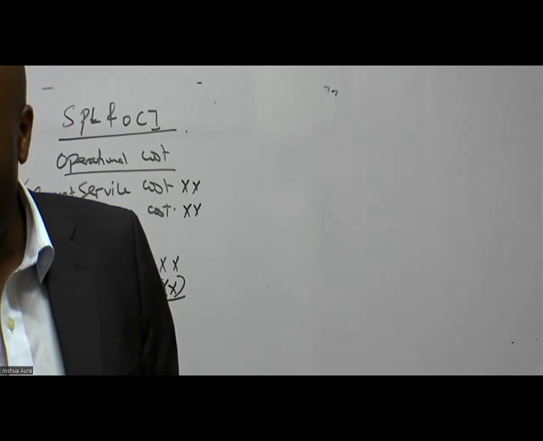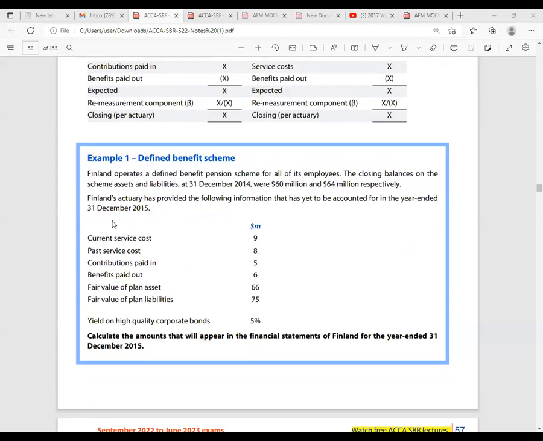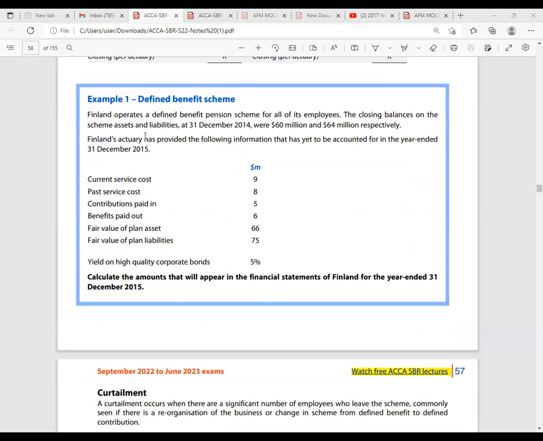So in this case here, we're looking at a question. We have a defined benefit scheme. Finland operates a defined benefit pension scheme for all of its employees. The closing balances on the scheme assets and liabilities as at 31st December 2014 were 60 million and 64 million respectively. Finland has provided the following information that has yet to be accounted for in the year ended 31st December 2015.